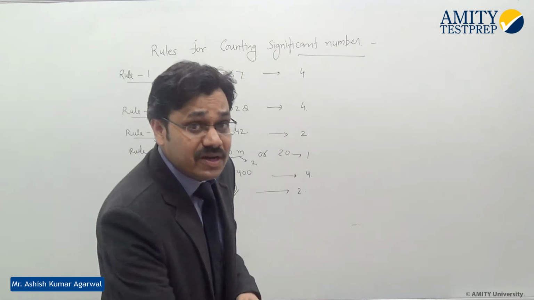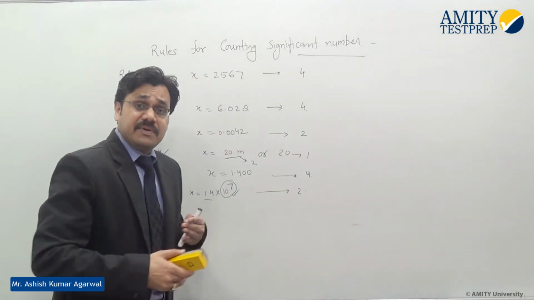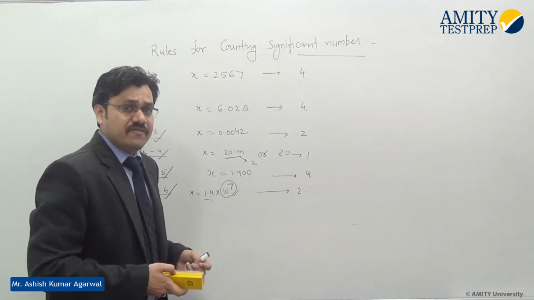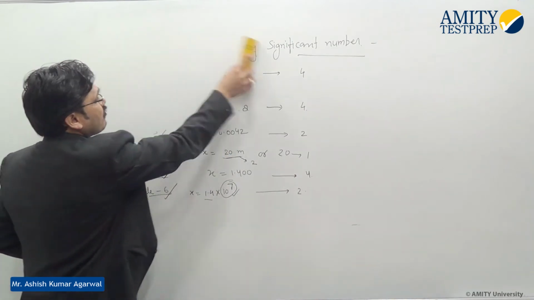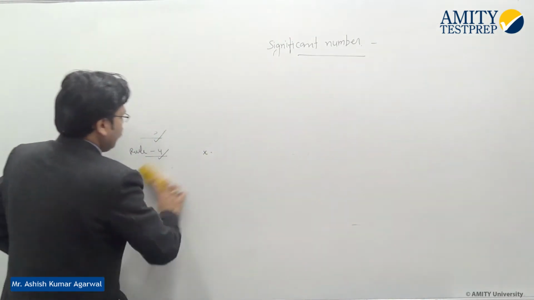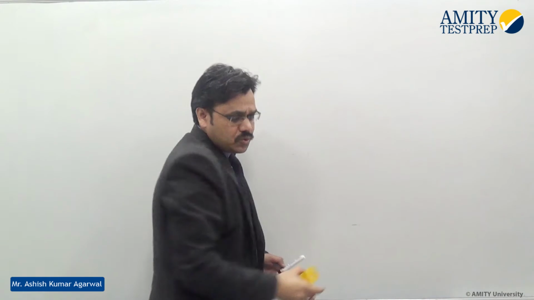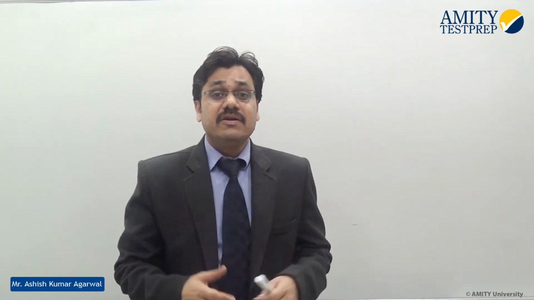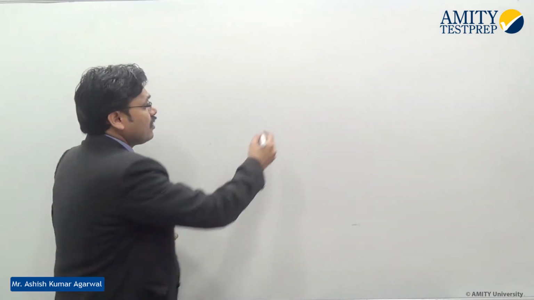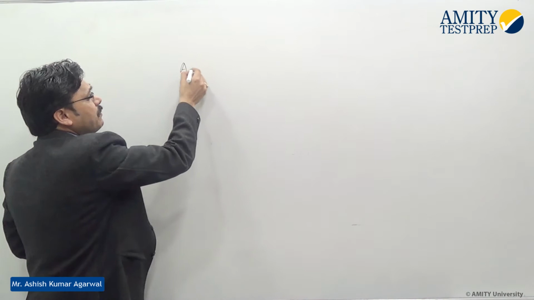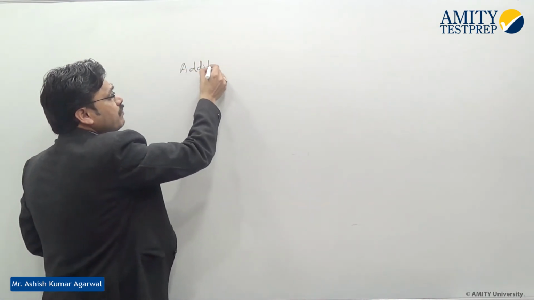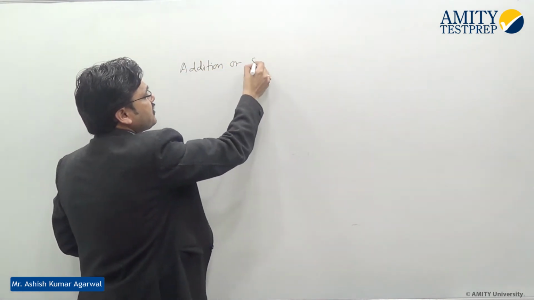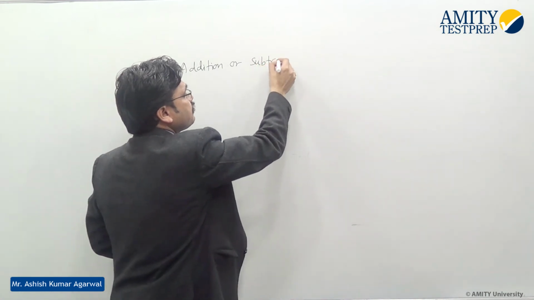Now I will move on to algebraic operations on these significant figures. Basically, you either add or subtract significant figures, or multiply or divide them. First of all, I'm taking an example of addition or subtraction.